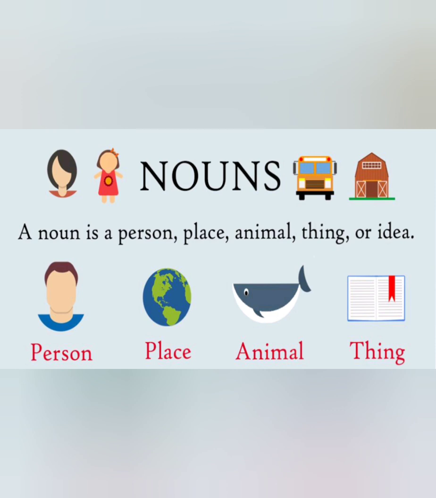We know that a noun is a naming word that refers to a thing, a person, an animal, a place, or an idea.